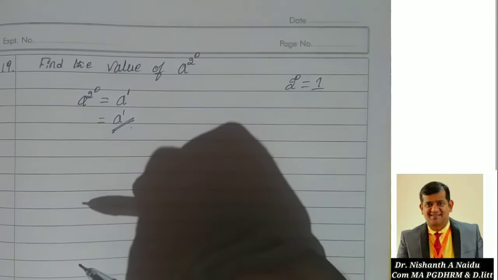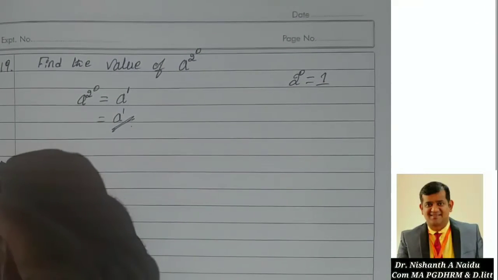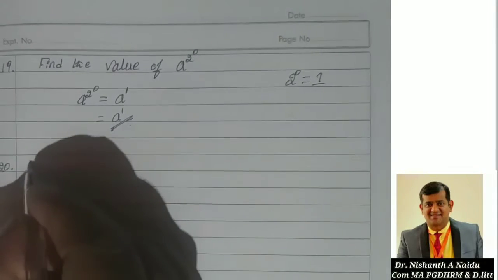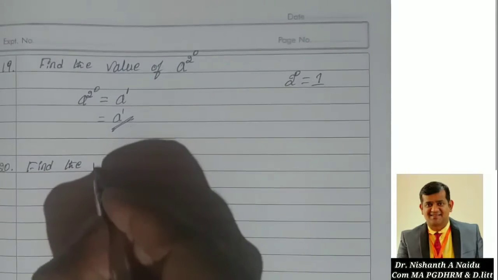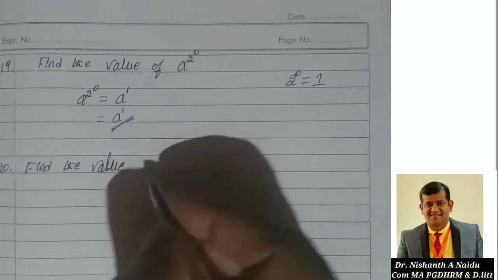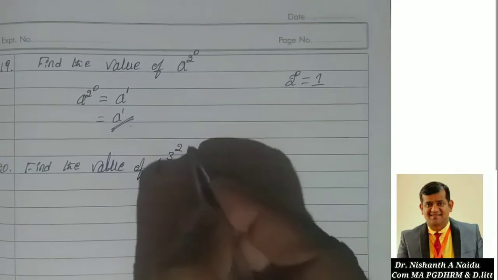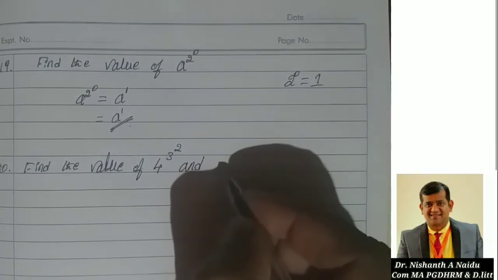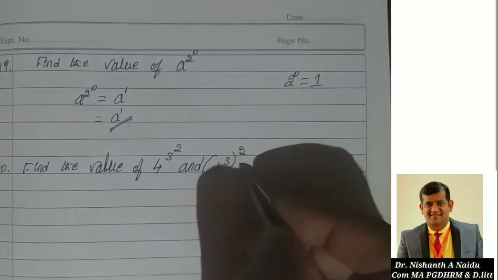Okay, so next I'm moving on to problem number 20. Here the problem is, find the value of 4 to the power 3 to the power 2 and 4 to the power 3 whole power 2.